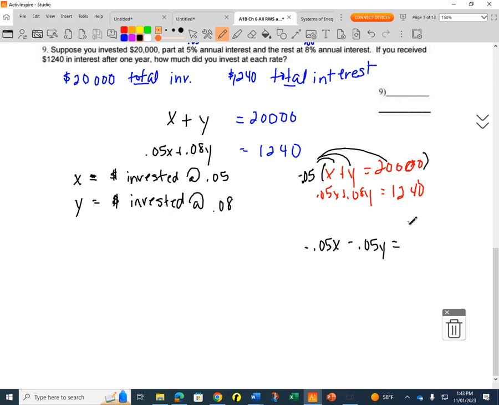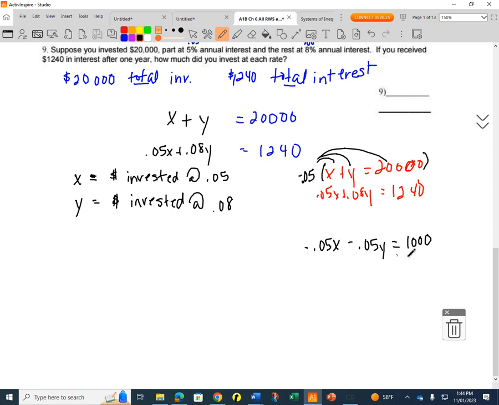I think it's 500, but I don't even know. 20,000 times 0.05, what do you get? 10,000? No, that's 50%. 1,000, okay, it's 1,000.